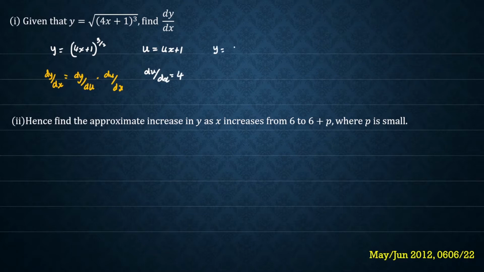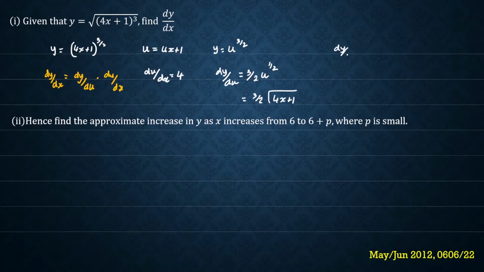Therefore, y equals u to the power 3 on 2. So dy/du equals 3 on 2 u to the power 3 on 2 minus 1, which is a half. And replacing u with 4x plus 1, we'll have 3 on 2 square root 4x plus 1.